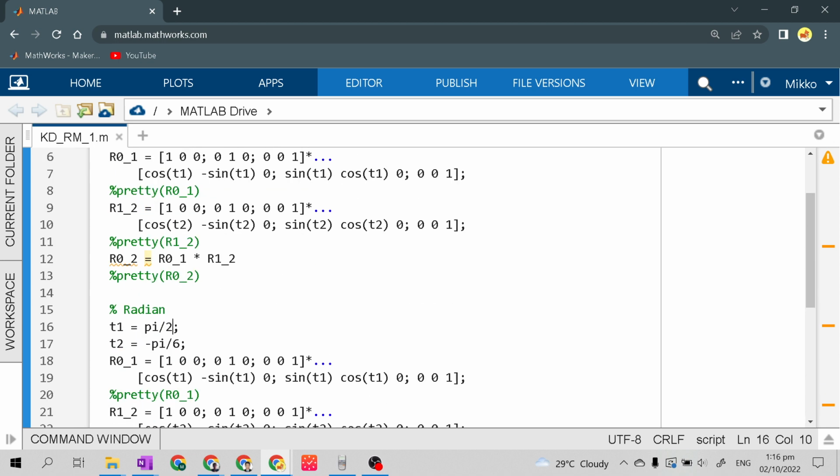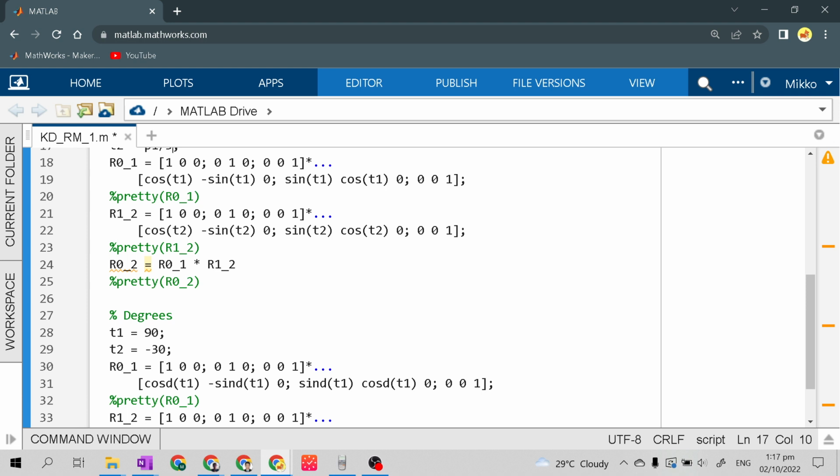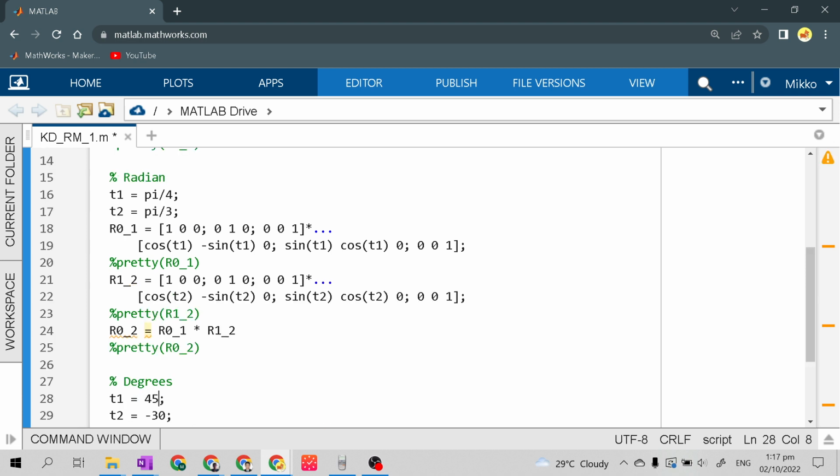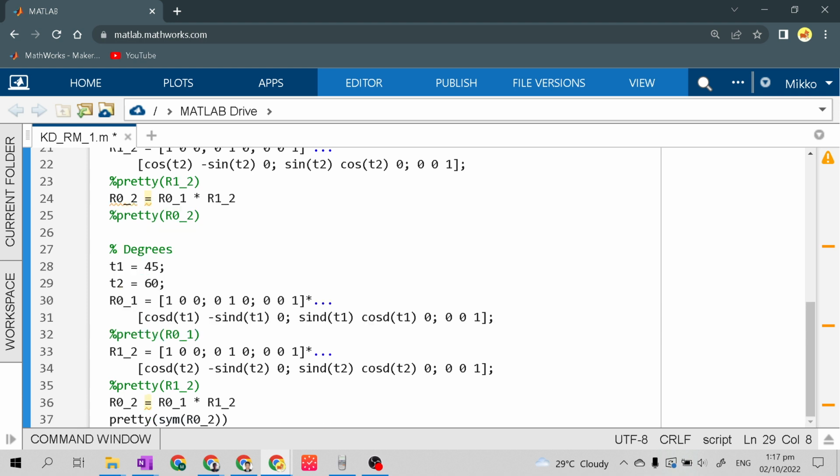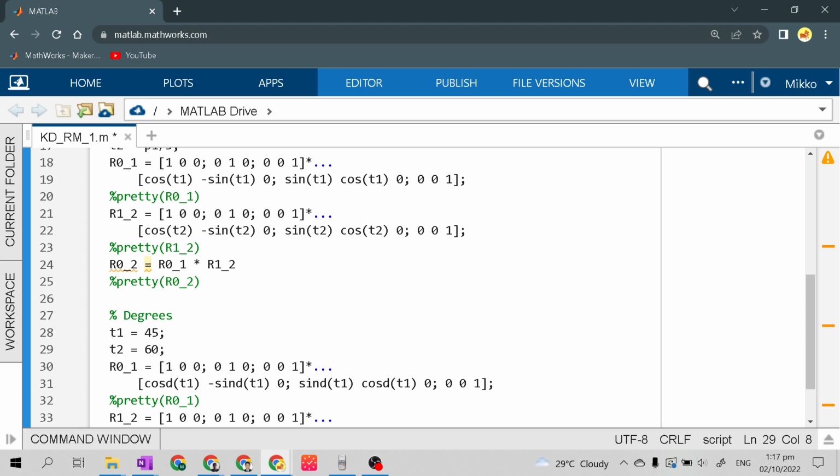If we test another rotation angle, for example pi over 4, and pi over 3. So pi over 4 is 45 degrees, and pi over 3 is 60 degrees. Please review your trigonometry subject, try to review the rotation angles.